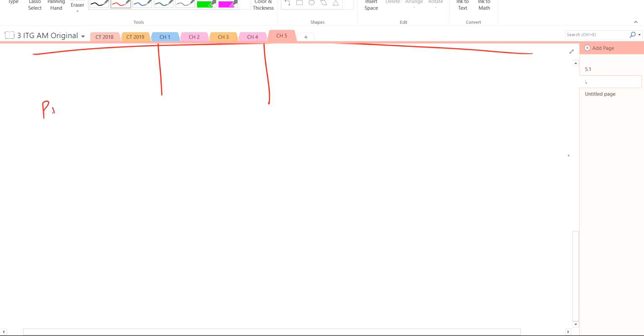Now look at page 164, worked example number 3. Part A, the word collinear. What does this mean? Read the question.